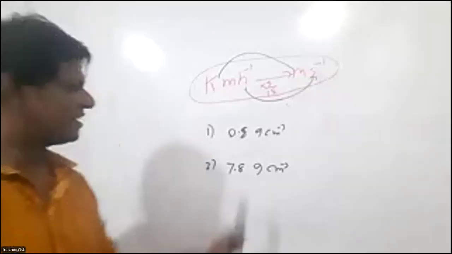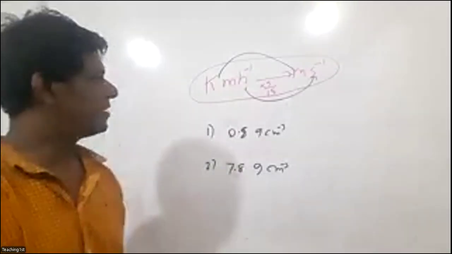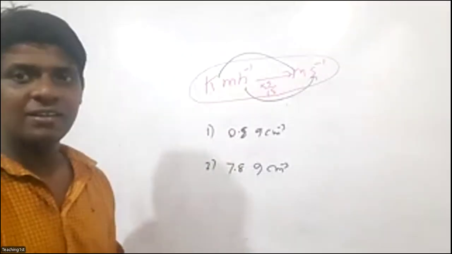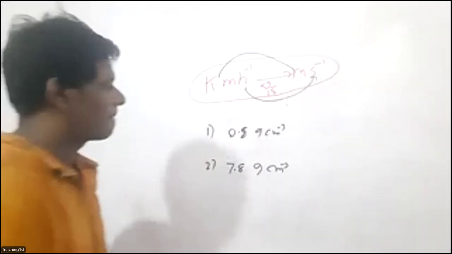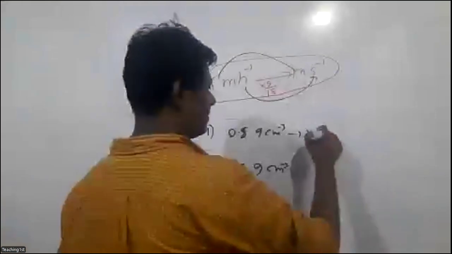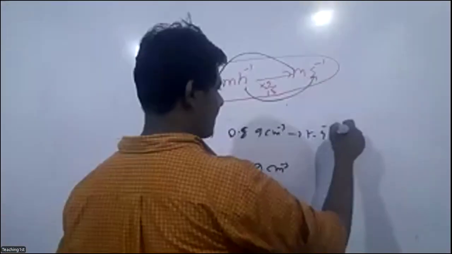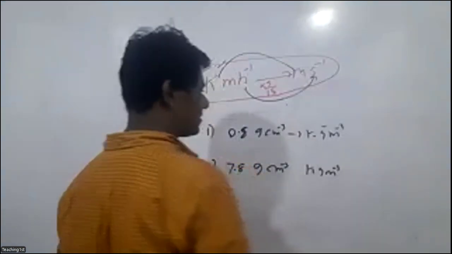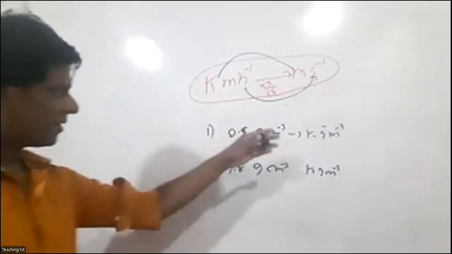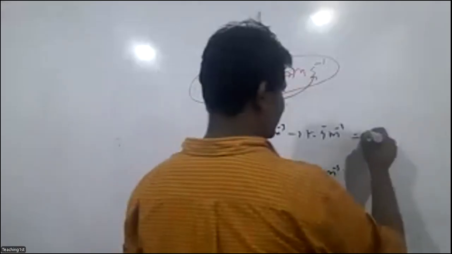Done? It is not a big deal. What is the conversion factor? It is 1000. You just need to multiply this by 1000. kg m^-3 conversion. You have to multiply. So what is it?